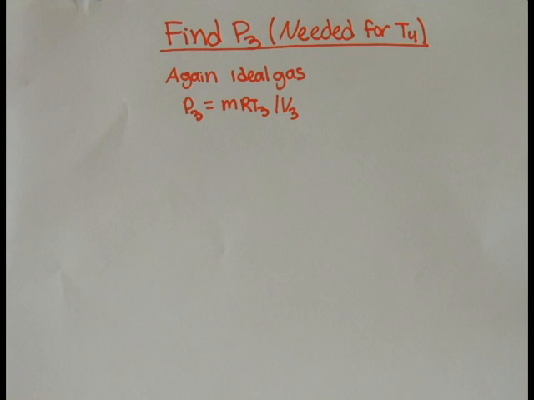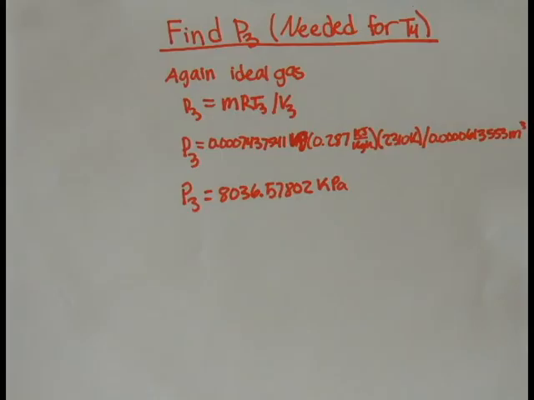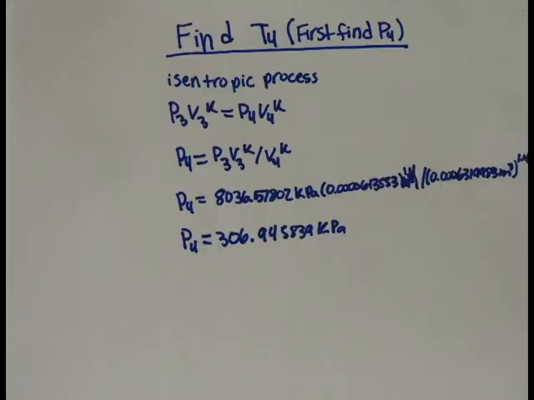We already have T3 since it is the maximum temperature in the cycle. We do, however, have to find the pressure at stage 3 to find the temperature at stage 4. Once again, we use the ideal gas relationship to find P3. Since the process 3 to 4 is isentropic, just like the process 1 to 2, we can use the relationship that we used in that previous process, where P3 V3^k equals P4 V4^k.